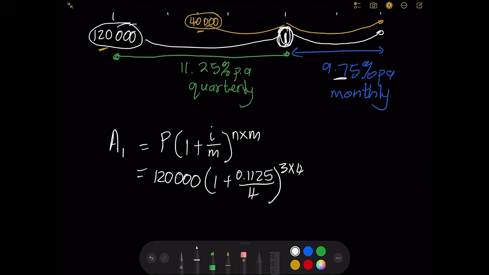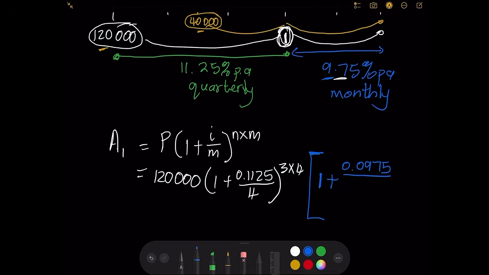Now, it would give us an accumulated amount, but remember, that accumulated amount now earns interest. Let me do that in the blue so that you understand that it now earns interest at 9.75. So in this case, it would be plus 0.0975.